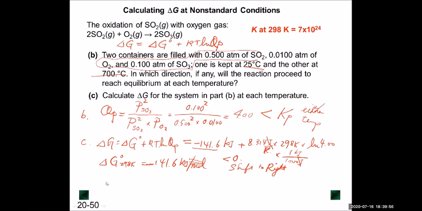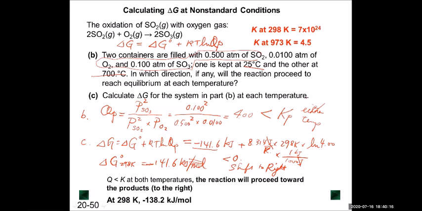If you do the 700 degrees Celsius, the calculation is almost exactly the same. The difference is you have a different standard free energy change and a different temperature, so the numbers are different, and we have those calculated. So you can see at 700 degrees the non-standard free energy is very small. Non-standard, I keep adding a not.